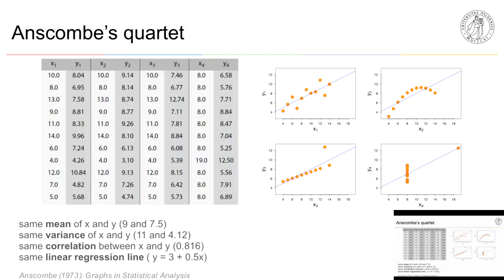So, as an example, this is Anscombe's quartet. It's very famous. So Anscombe defined 4 different data sets. So these are 4 different data sets here. And they all have the same mean of x and y, the same variance of x and y, the same correlation between x and y, and the same linear regression line.